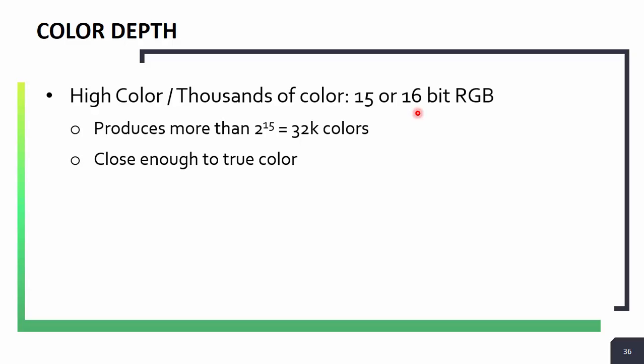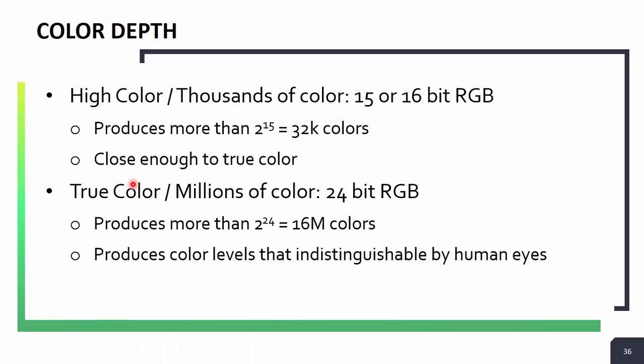And the extra bit for 16 bits may be just the alpha channel bit. So if we are using 15 bits total, there will be 2 to the power of 15 colors. That is 32,000 colors. That's why we call it high color. And this is close enough to true color.